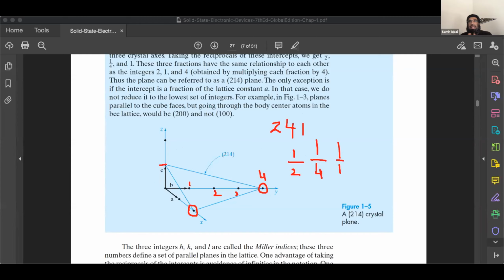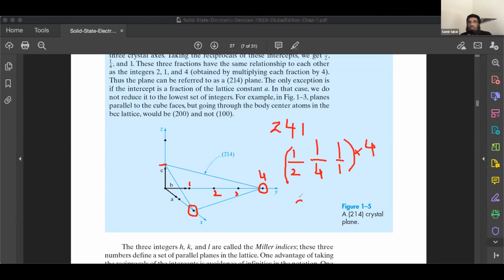Now, we have to reduce it. So we simplify these numbers. What should we multiply them with? 4, right? So I say multiply with 4. So what do we get?